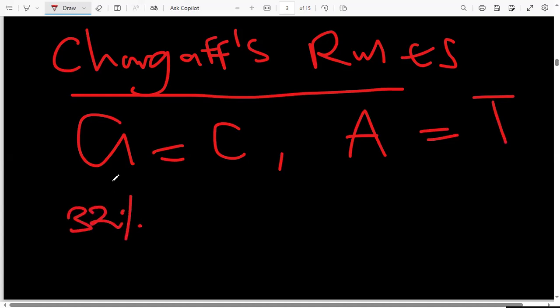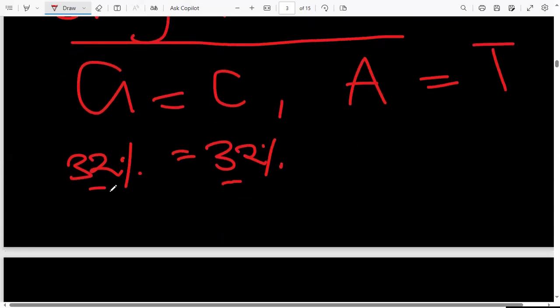So here we've been given that G is 32%. If G is 32%, then even the C is 32%. How can we calculate the percent for the other two? We know that percentages are out of 100. So if this is 32, this is also 32. We can add these and subtract from 100.